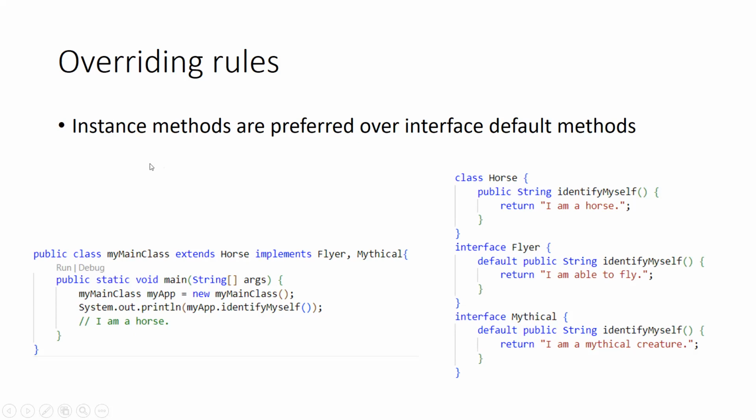By default the method within the horse class, since it is an instance method, will be preferred over the methods provided by those interfaces. So by default, any implementation of the function that exists within your class will be preferred over the same implementations available in your interfaces.